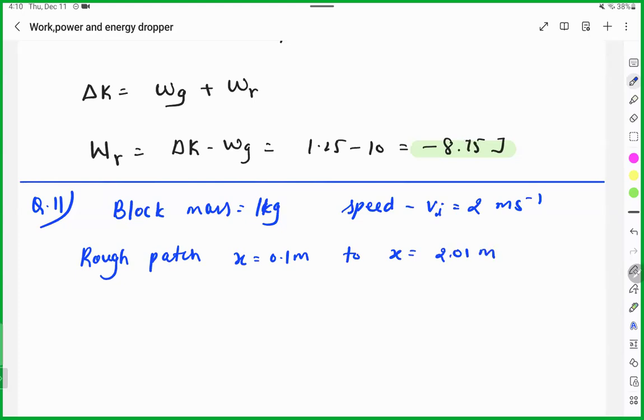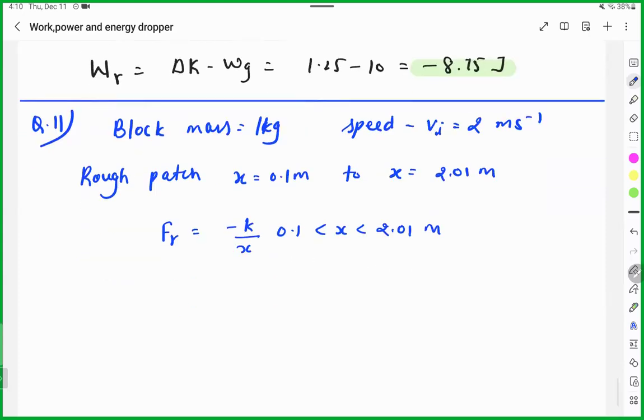The retarding force on the block is inversely proportional to x over the range. So retarding force is equal to minus k by x, where x is more than 0.1 and less than 2.01 meter. Correct? K value is equal to 0.5 joule. What will be the final kinetic energy?